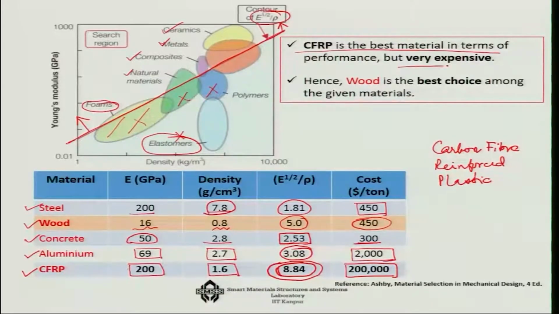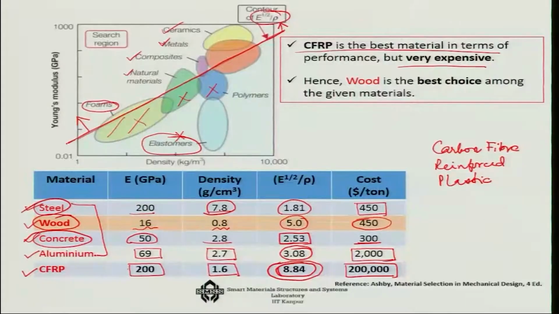So, I would say that CFRP is a very good choice, but it is very expensive. So, if there is some application where you want a lightweight material, but you cannot afford CFRP, then you should go for the next best. Or otherwise, cost wise, from CFRP you should go to concrete, and if concrete is not okay, then you can also go for wood, you can try, and then your choice will be between steel and aluminum.